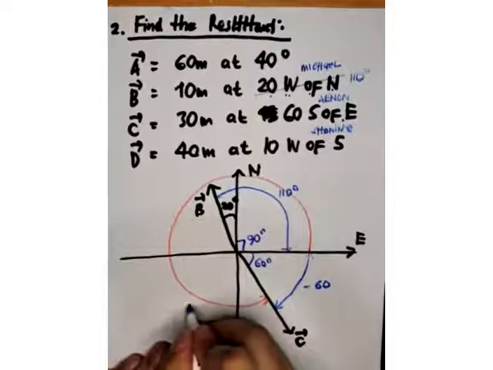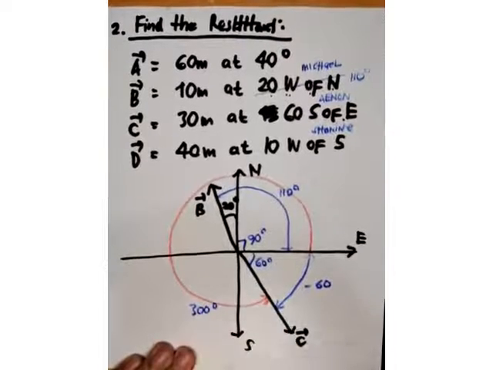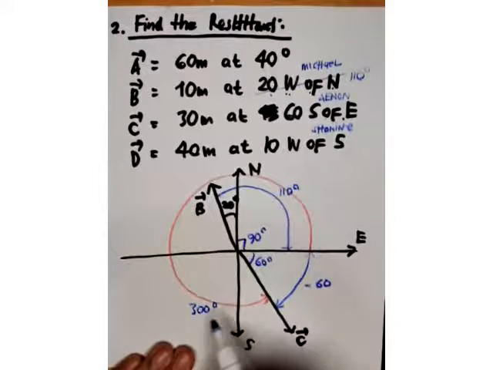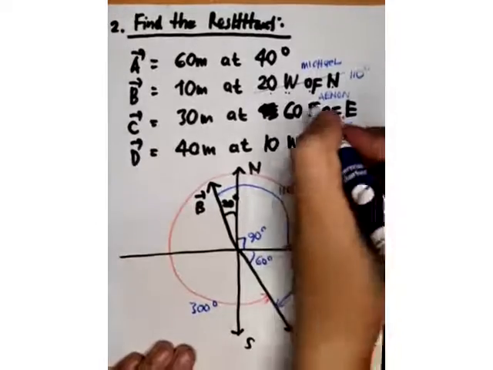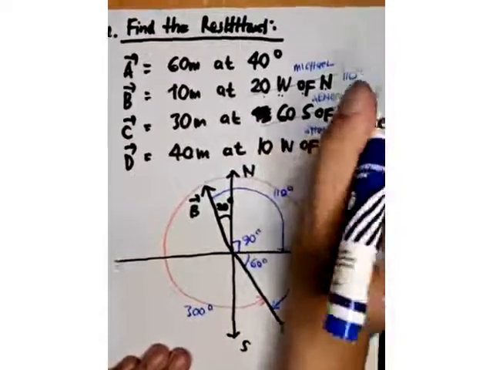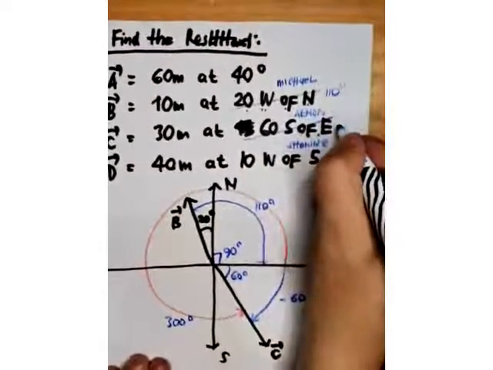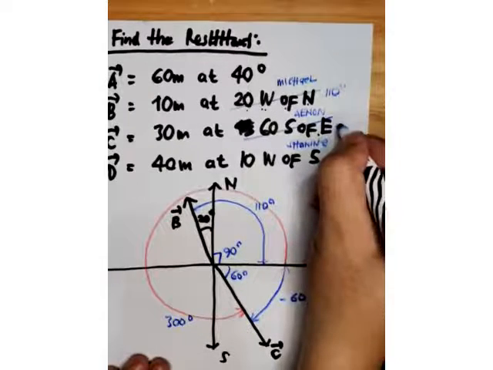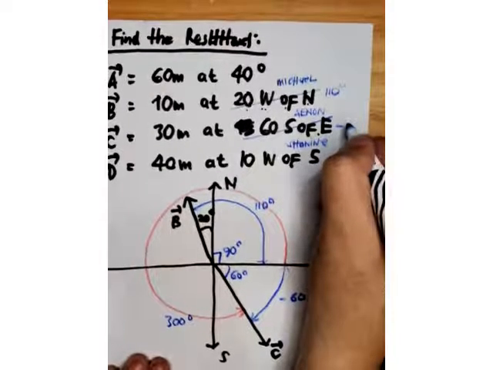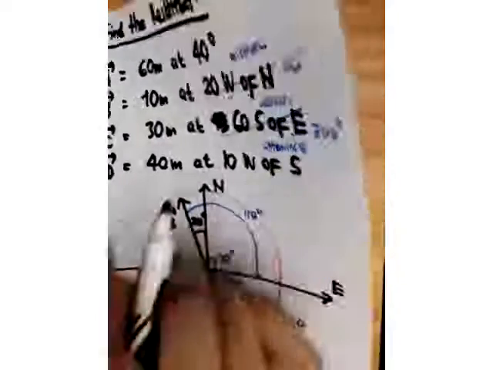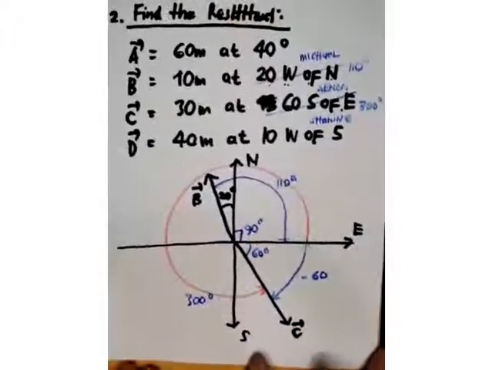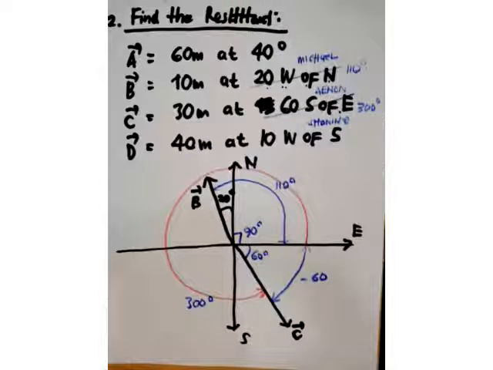Or we can use 300 degrees. Tama ba? Okay, anong mas gusto nyo? Negative 60. Actually, pareho lang sila. Negative 60 man siya or 300. So, anong gagamitin natin? 300 na lang. Sige, 300 degrees. Pwede naman negative 60.